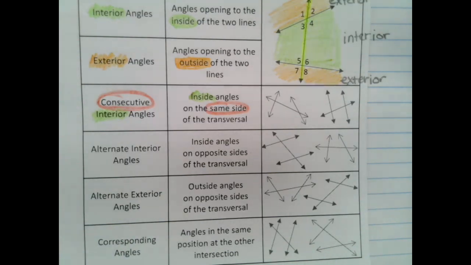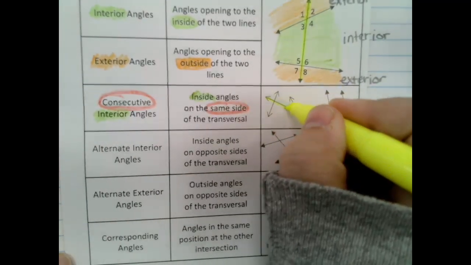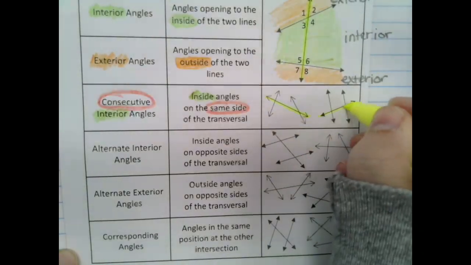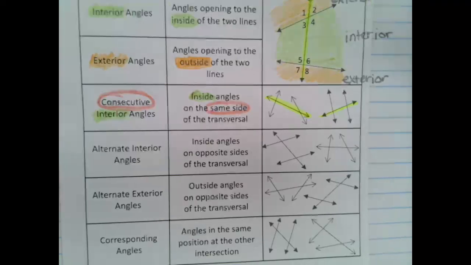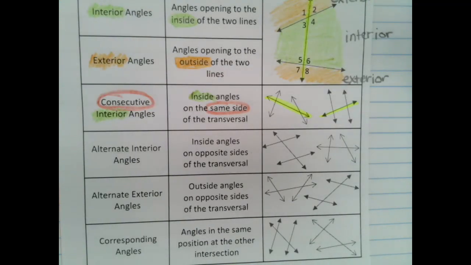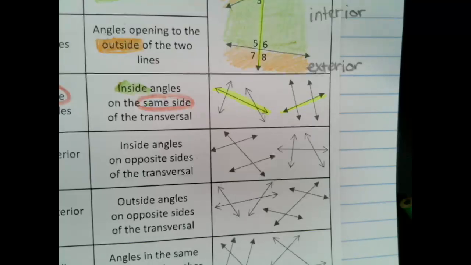All right, so as I look at my transversal, remember the transversal is the one that goes through the lines. If you want to take a highlighter, you can and highlight. All right, so I'm going to use my red here for this one.